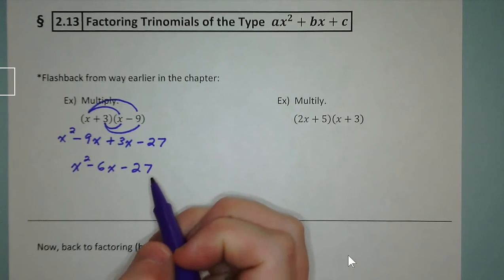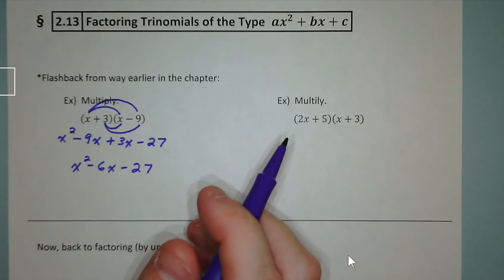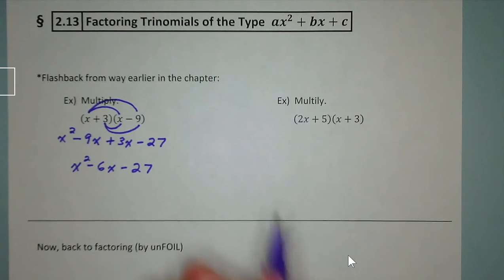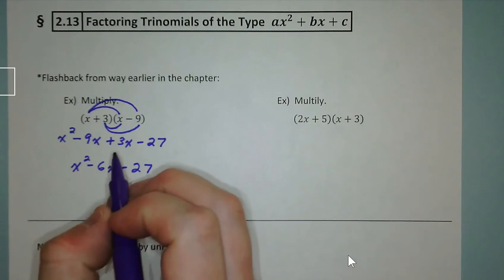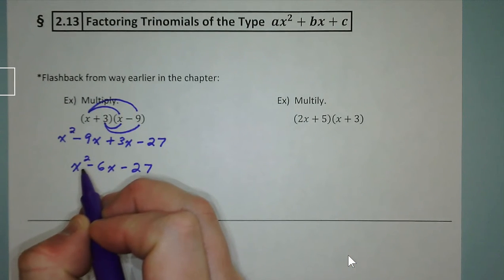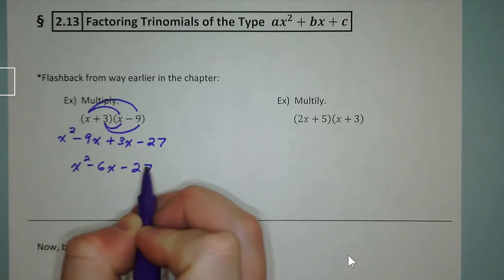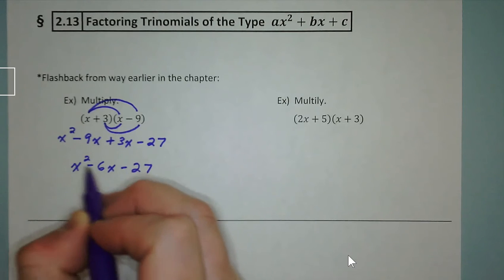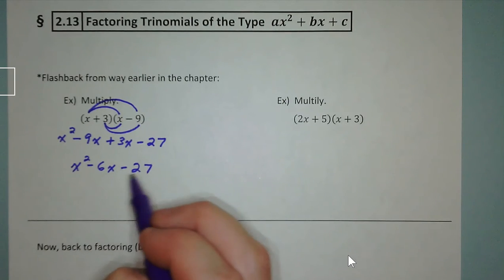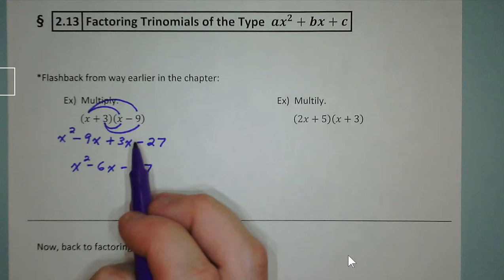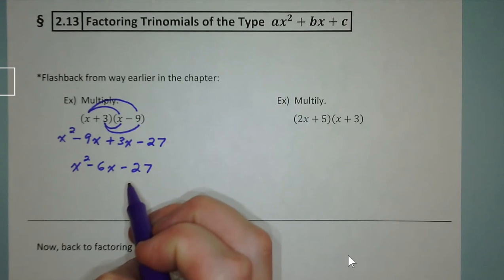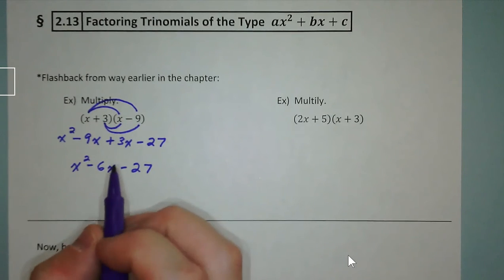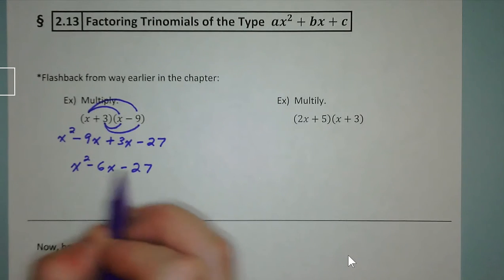So in yesterday's lesson, I don't want to confuse anybody, but I do want to make sure you realize there's a big connection here that we're building off of. Knowing how to reverse engineer this, if I gave you this and said let's factor this, now it's unfoil. Because the first method you would try is by GCF, and there's no GCF.